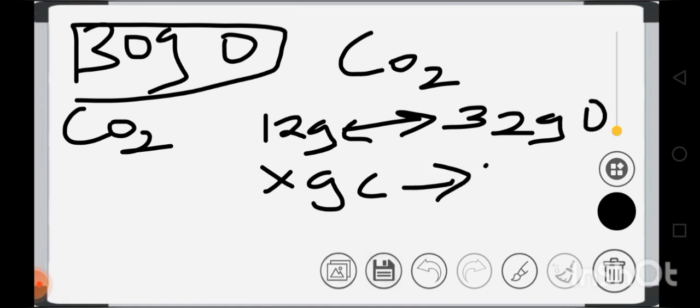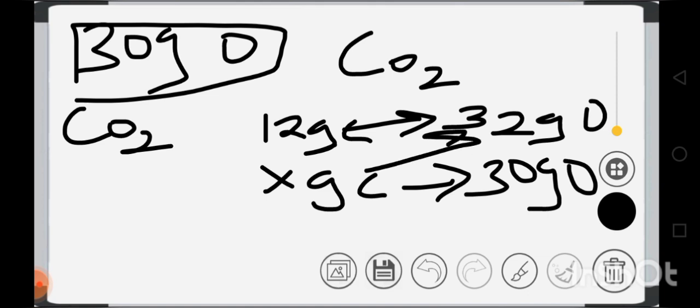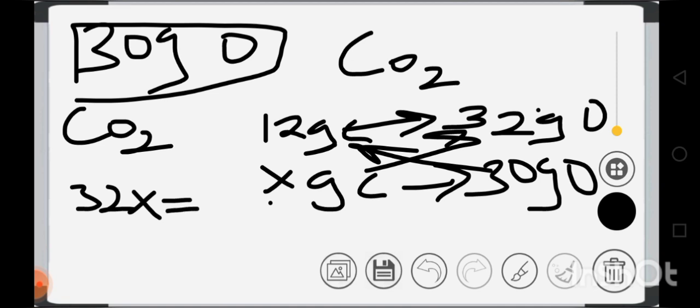Next, you just cross multiply. Let's solve for X now. So X times this, we have 32X. 12 times 30, what are you going to get? If you do that, you're going to have a very lovely answer.